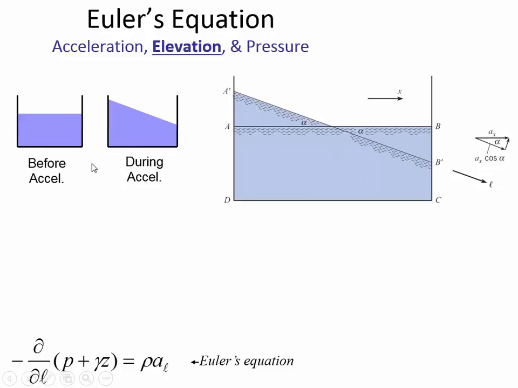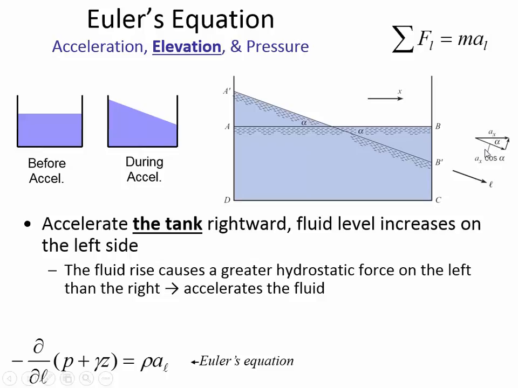So I just wanted to clarify that this is showing before acceleration, the liquid level was horizontal, and then during the acceleration, the liquid level is sloped. And so you can see that A prime, B prime is the liquid surface during the acceleration. And what this is showing is that the angle there is a function of how much acceleration there is.